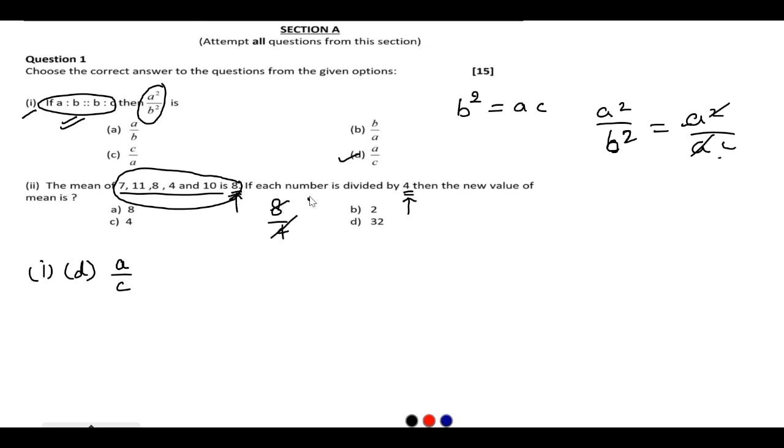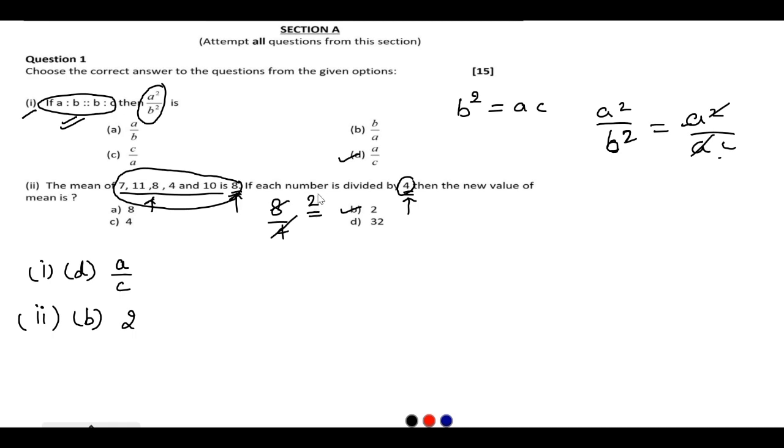Means the new mean will be 2. In this case, if each number is multiplied by a constant, then the new mean will be equal to the original mean multiplied by that constant. You can check this. First of all, mention your answer. Second part, option B is the right option, and write your answer. This is the proper manner.